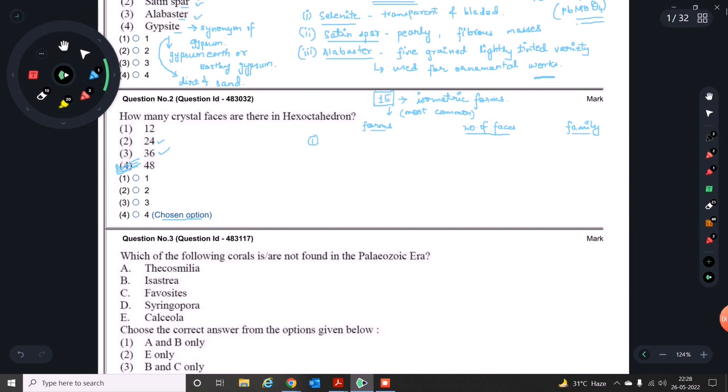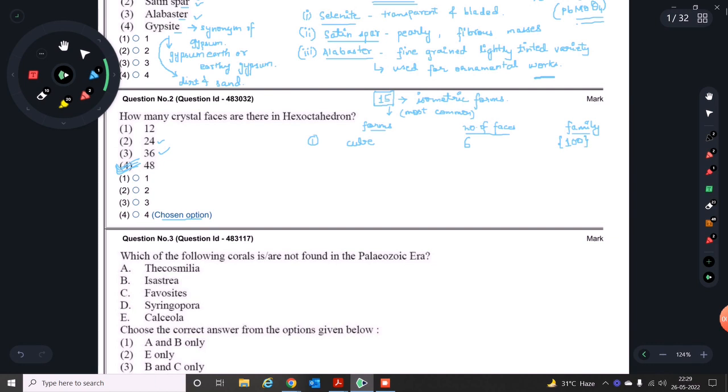So the first most common form possible in the isometric crystal system is cube. Alright, cube. How many faces are there in a cube? 6. There are in total 6 faces possible in a cube. What is its crystal family? It is 1, 0, 0.